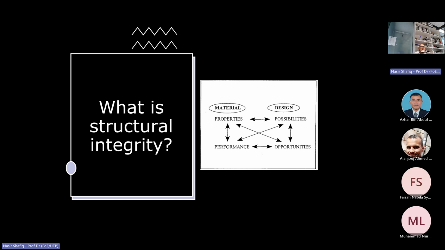Whenever we are looking at material, we are looking at properties and performance of material, right? Properties are the inherent built-in properties. Performance is the loss of properties, or if not loss, maintained properties. And in design, we are working in possibilities and opportunities. Possibilities, which means that's why we are putting in a safety factor.